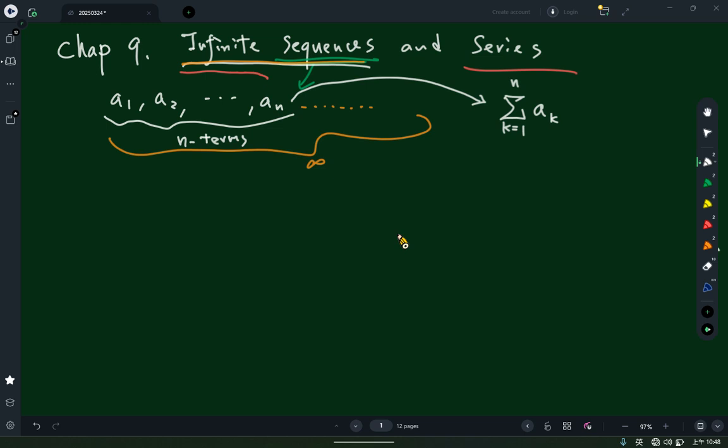That means if I want to sum up the values of A1 to AN, then we can use sigma, k from 1 to n, AK. However, if we encounter infinite sequences, then it will become sigma, k from 1 to positive infinity, AK.